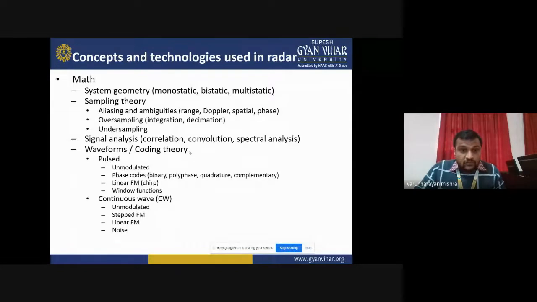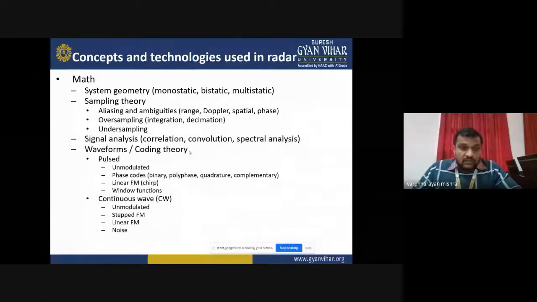Okay, there may be different types of system geometry, monostatic and bistatic. Monostatic means if we use the transmitter and receiver separately, that is a monostatic system. In the bistatic system, we use the same instrument as a transmitter and the receiver.